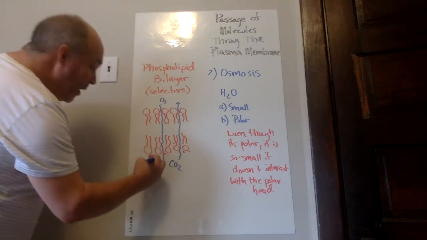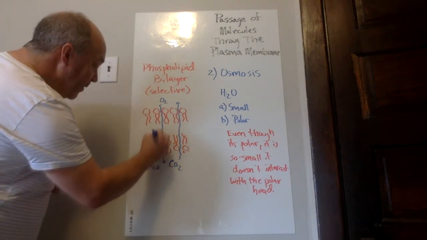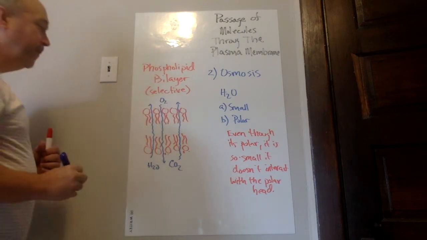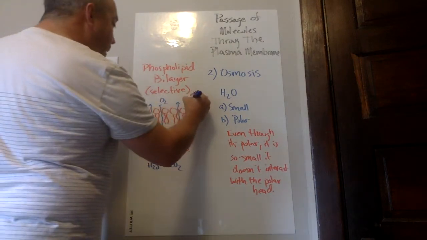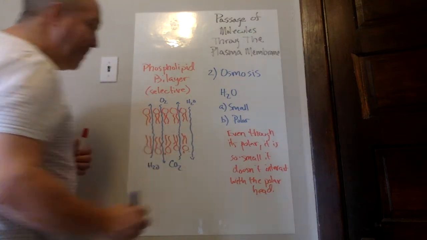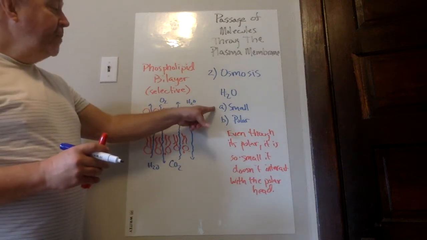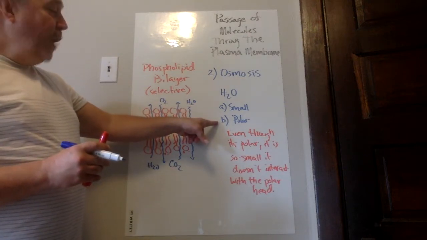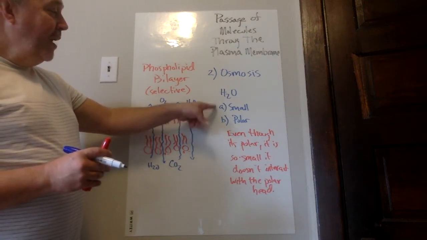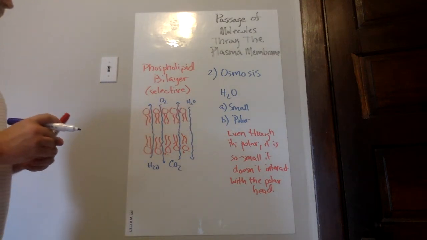Water is small enough at H2O that it can still sneak between these molecules, and it can go both directions. Water can also come into the cell this way, depending on whether it's a hypotonic or a hypertonic situation. Because it is so small that it overrides the fact that even though it's polar, it can still sneak between those phospholipids in the bilayer.